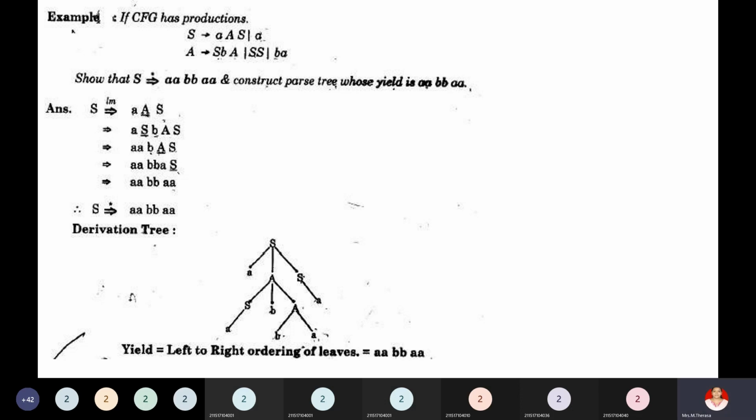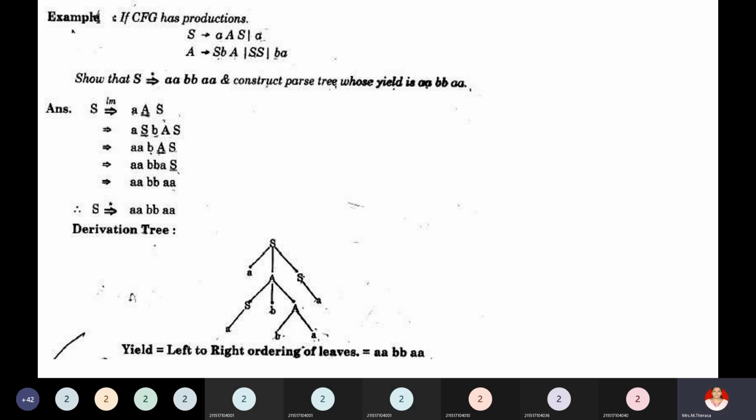Here you can see there are 2 non-terminals, capital A and capital S. Since you are following a leftmost derivation, you need to take the leftmost non-terminal, which is A. This A can be replaced by any of its production rules. Here we are going to choose SbA. What is the reason? We know that we are going to generate the string aabbaa. You may have some other option also, but suppose you are trying with SbA.